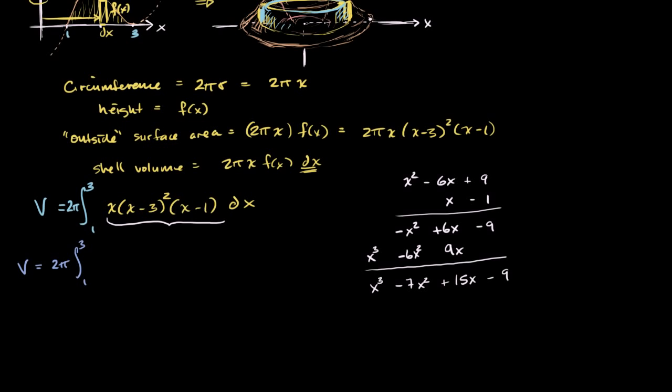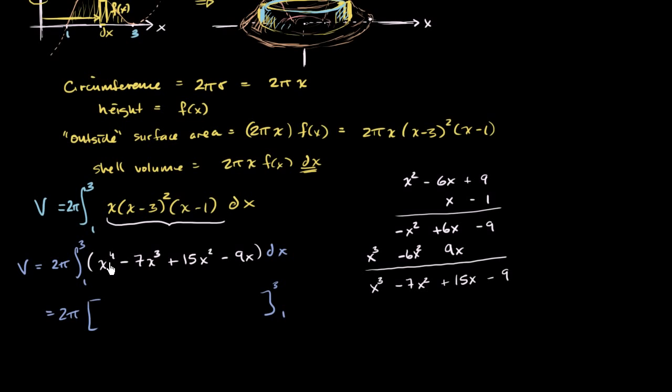So it's going to be x to the fourth minus 7x to the third power plus 15x squared minus 9x. And then, of course, dx. Now, let's just take the antiderivative. So this is going to be equal to 2 pi times the antiderivative of all of this business, and we're going to evaluate it at 3 and subtract it when it's evaluated at 1.